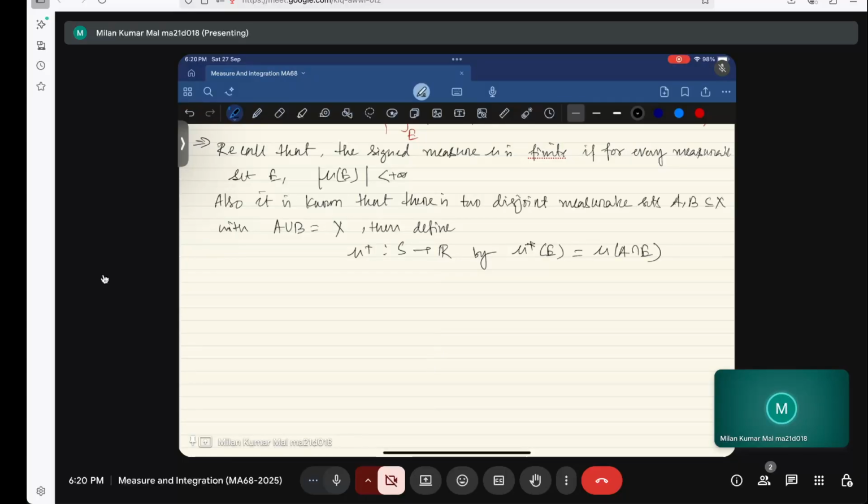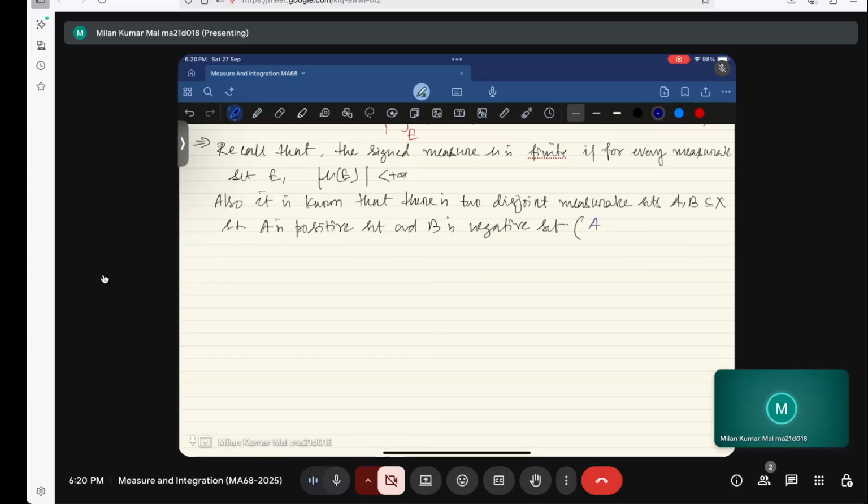Okay, no, this is not all. Let me complete this one. Then there exist two disjoint measurable sets A and B, subsets of X, such that A is a positive set and B is a negative set.